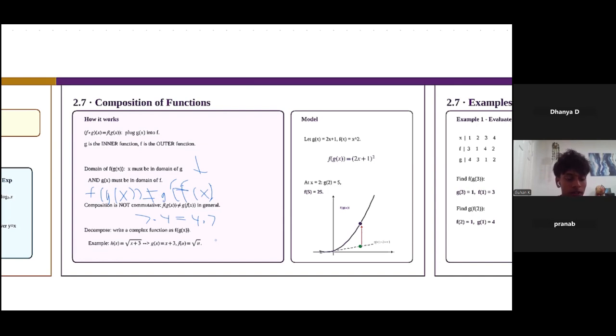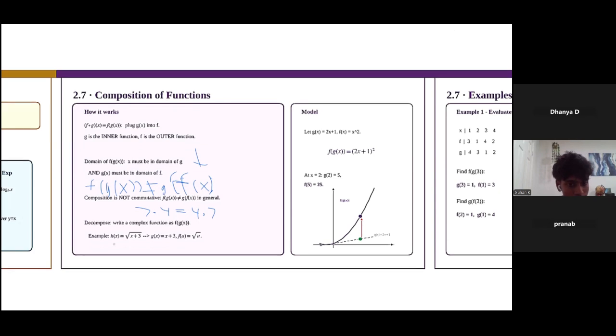Decompose. And then here, write a complex function as f of g of x. First, h of x equals square root of x plus 3. g of x equals x plus 3. f of u equals root of u. Basically, what this is saying is, what did we do to f of g of x to make it h of x, right?